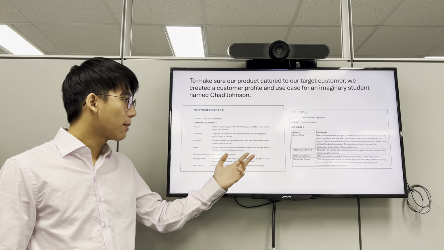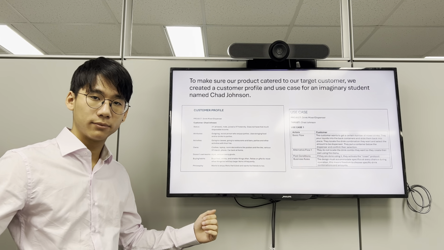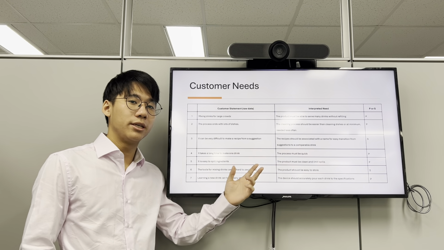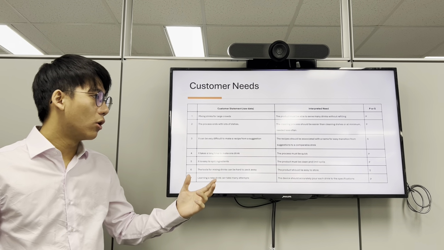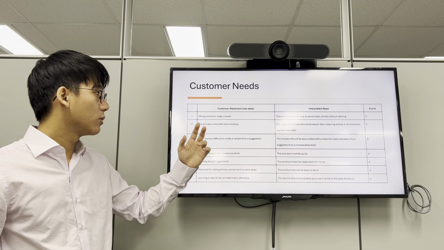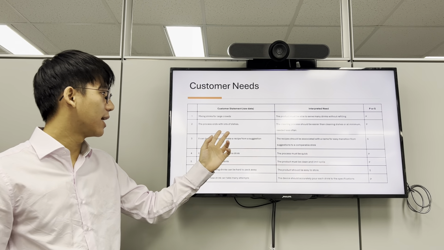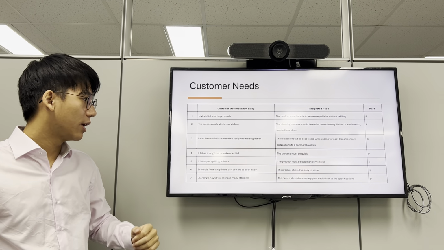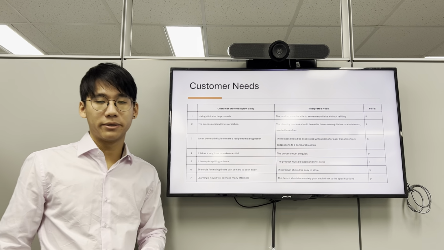From the surveys and customer interviews, we gathered all the data and created this table by rating and ranking all the customer needs and turning them into interpreted needs. By this, we can understand more about what the future goal of our product should be like.